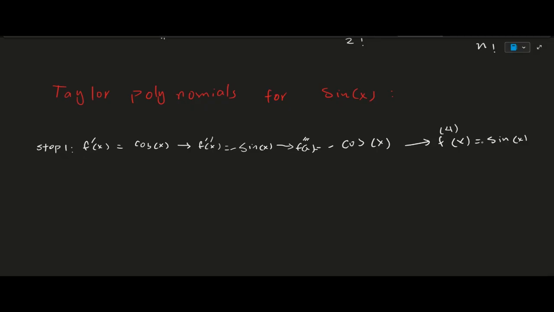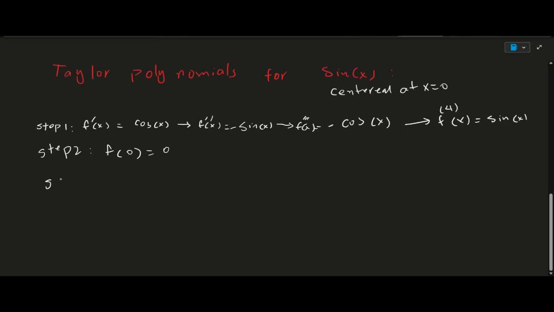So after 4 derivatives, we went back to where we started. In step 2, let's evaluate the sine centered at x equal to 0. So f of 0 is going to be 0.